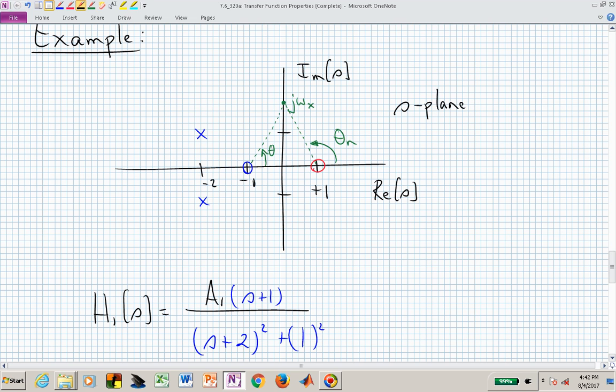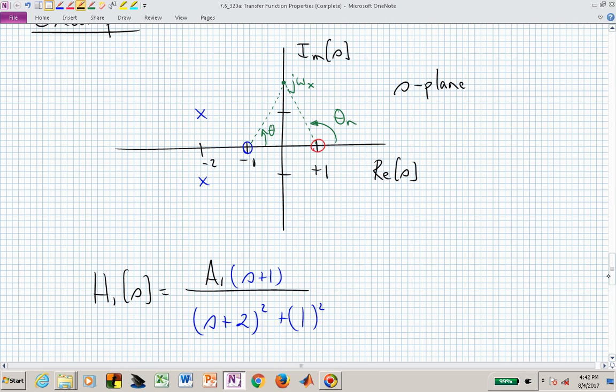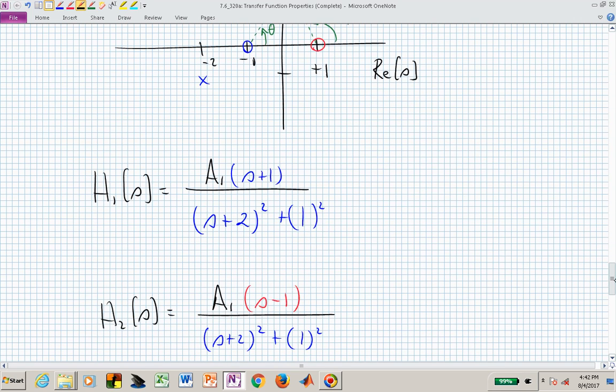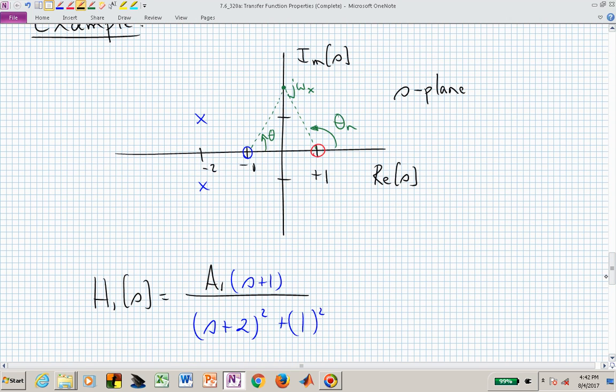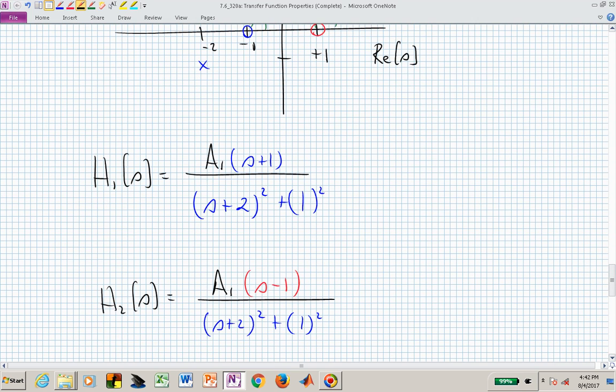Let's say we have a system, H2, that has a zero at positive 1. That would then have a factor of s minus 1 in its numerator. And suppose that it has poles at minus 2 plus and minus j1, the same pole locations as in H1. Both of these systems are stable.